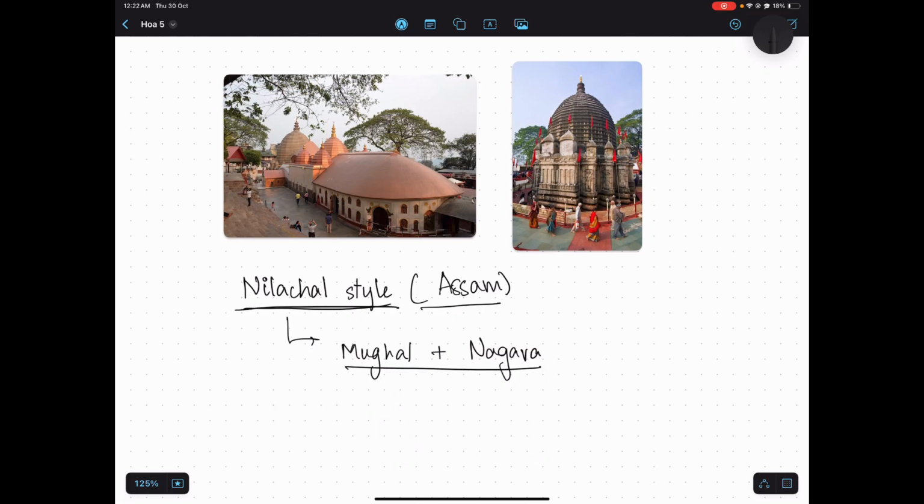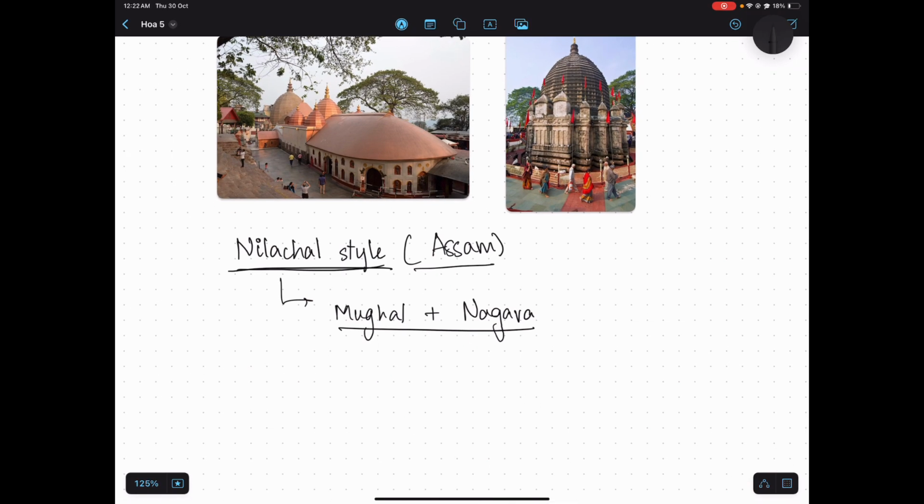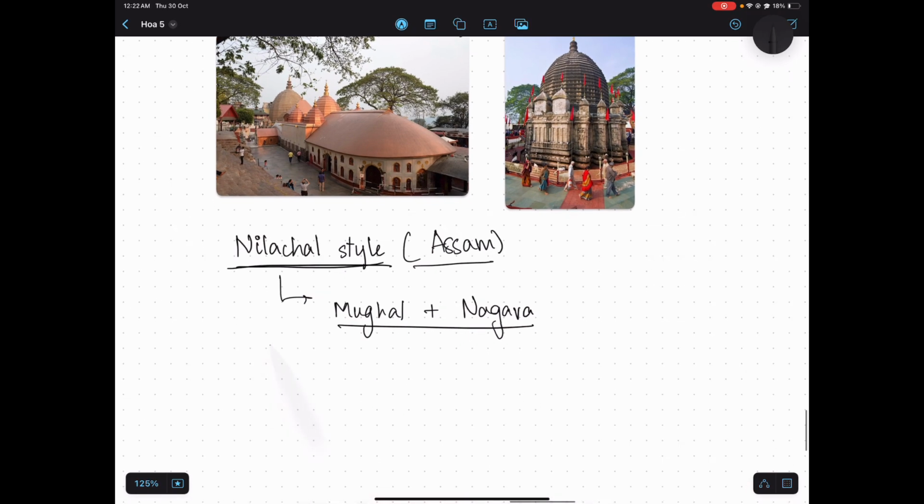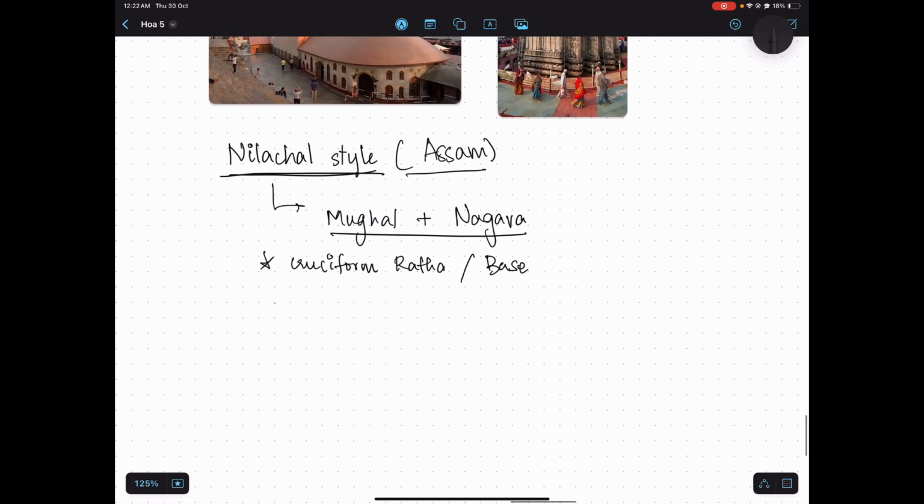So the classic feature that can be found in the Nilachal style is that they have a cruciform Ratha or the base, which is also called Bada sometimes. On top of it, they have hemispherical domes, which is a feature that is taken from the Mughal architecture.